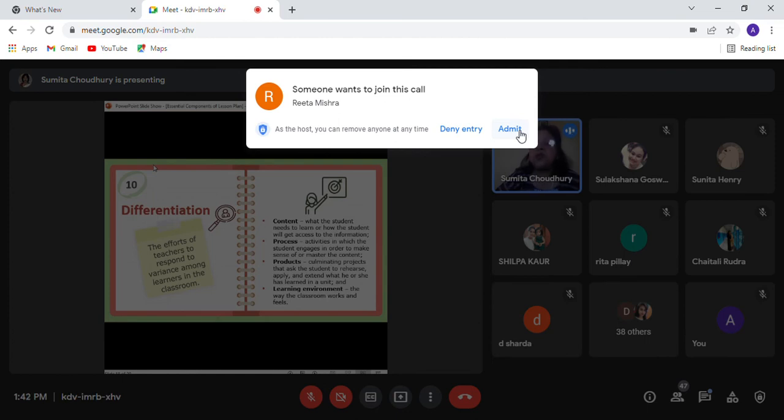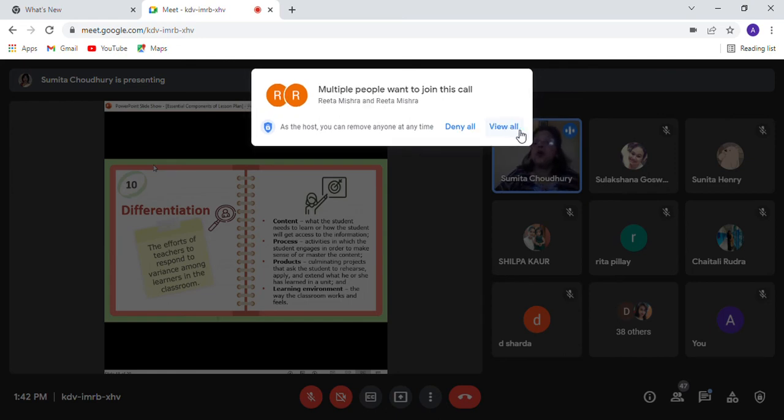Then process: activities in which the student engages in order to make sense of or master the content. Then after, products: culminating projects that ask the students to rehearse, apply, and extend what he or she has learned in a unit. And then after, I can say learning environment, the way the classroom works and feels.